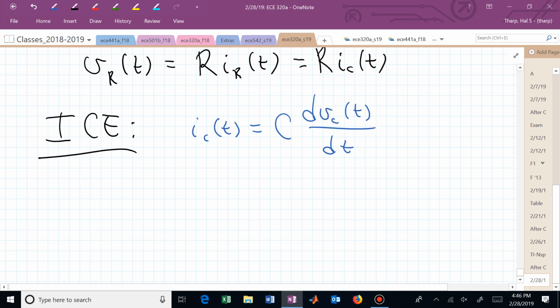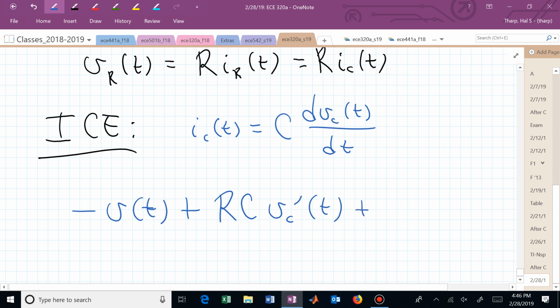So now from KVL you have minus V of t plus the voltage dropped across that resistor, which is RC V sub C prime of t, plus V sub C of t is equal to 0.